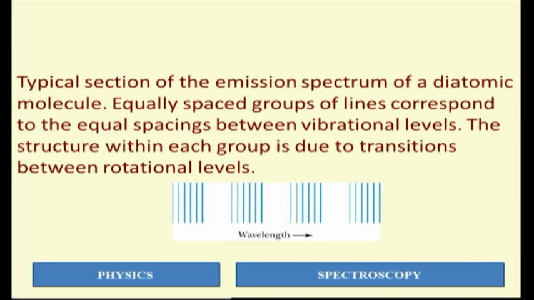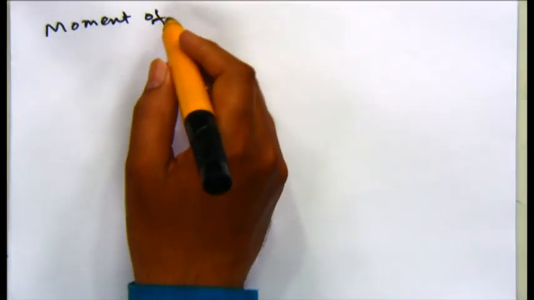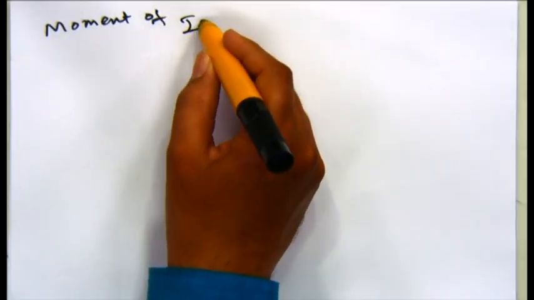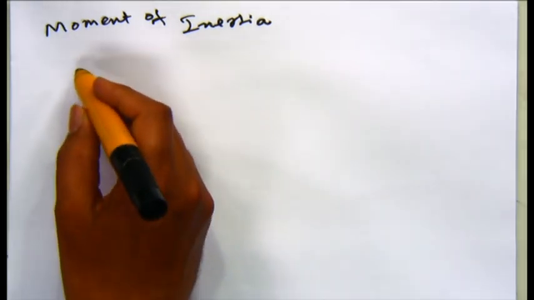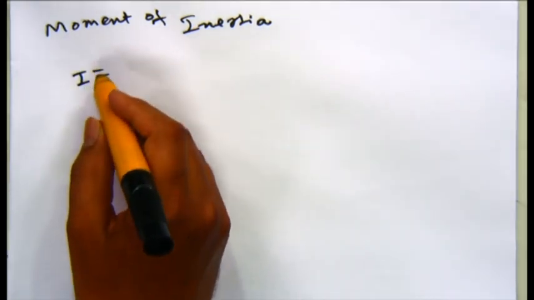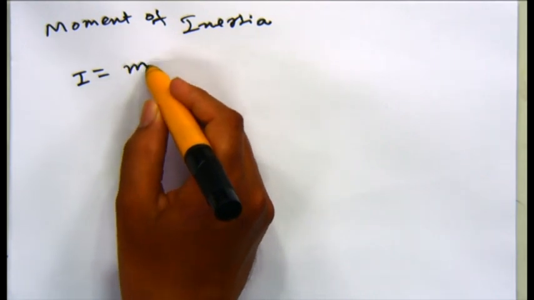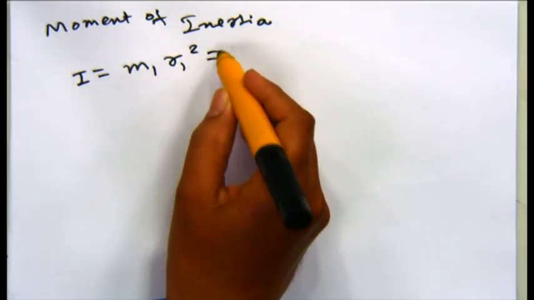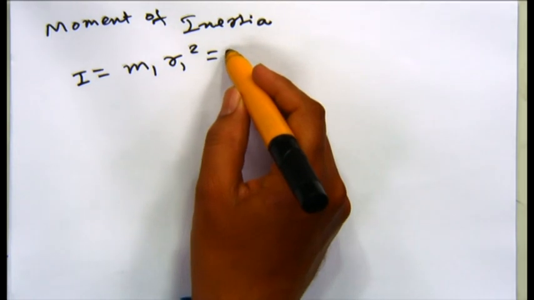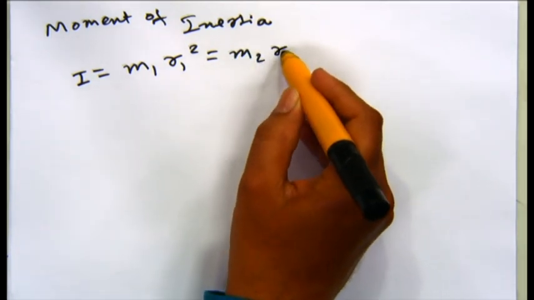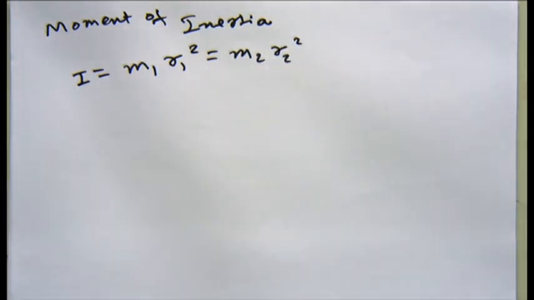Further, moment of inertia I is equal to m1 r1 square, and that is also equal to m2 r2 square.